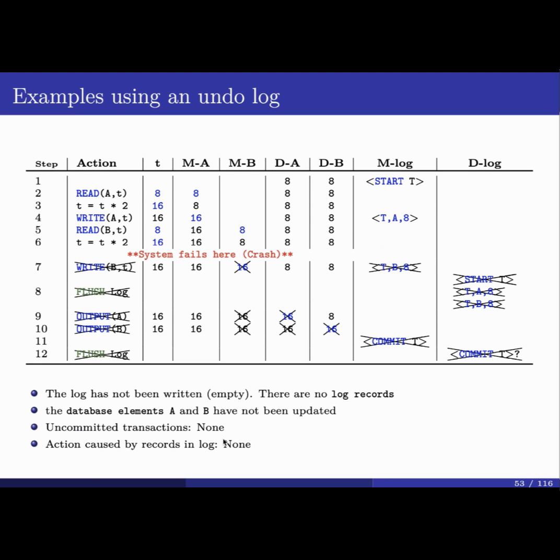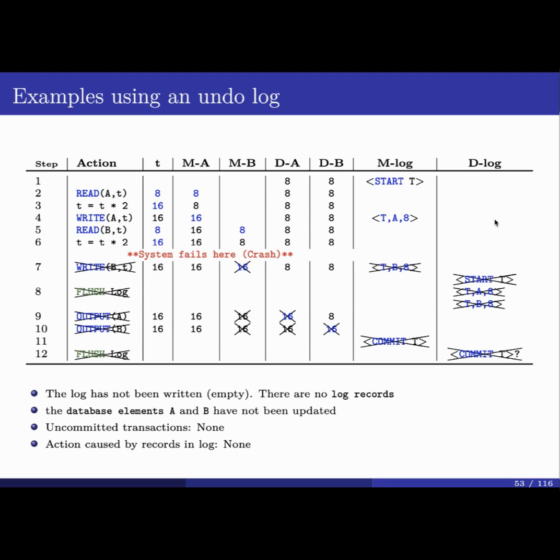So what if we have something like this? You have nothing in the log file, in the disk. Don't look at the main memory, because if the system crashes, whatever you have in the main memory is gone.